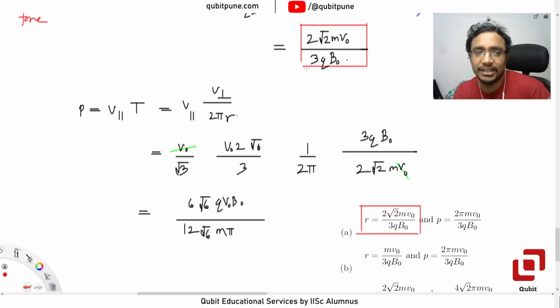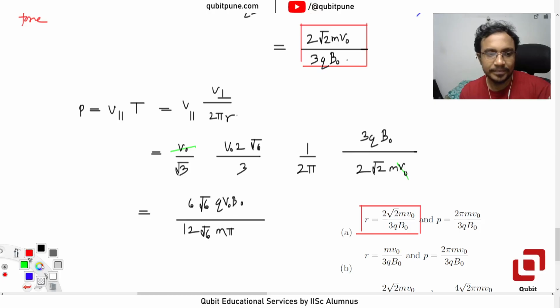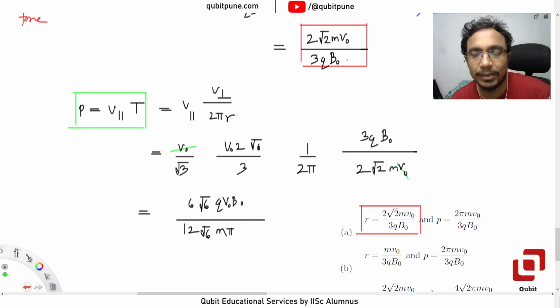But somehow I'm not getting the pitch correct. If I get it correctly, is it the distance that it travels parallel to the field in the same time that it takes to complete one revolution? Yeah. Okay, so it's V parallel into time, and it's V parallel into V perpendicular by 2 pi r.